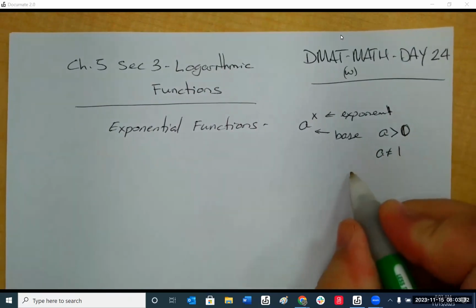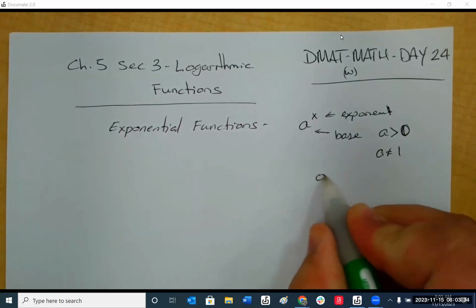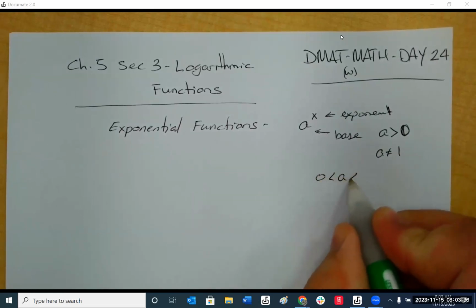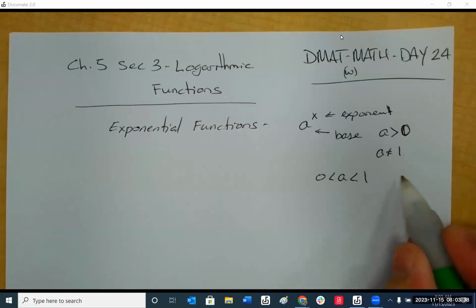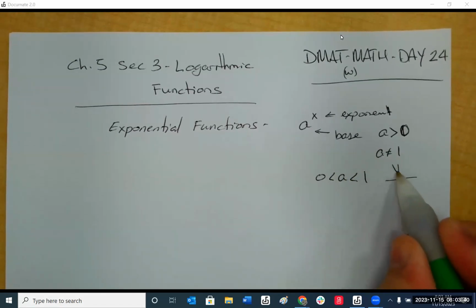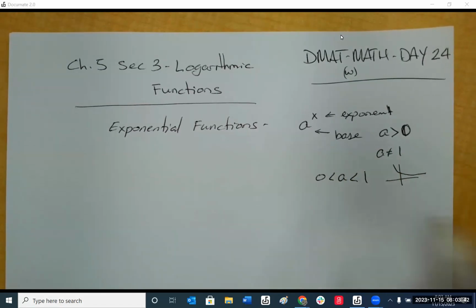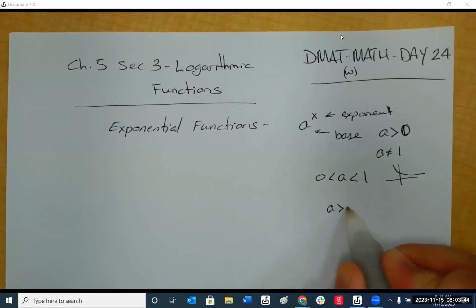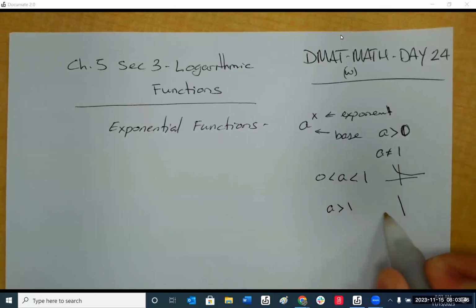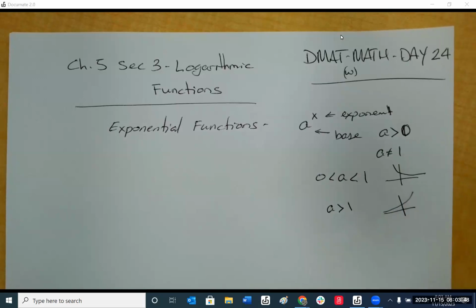If your value a is between 0 and 1, the graph looks like this, a decreasing function. If a is greater than 1, then it's an increasing function. That's what we did last time.